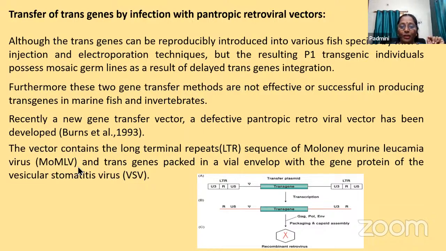That's the name of this particular retrovirus. And the transgene is packed in a viral envelope with the G protein of vesicular stomatitis virus. So remember the gag-pol-env sequence that you found in the retrovirus. On the same line, this transgene is going to be packed in an envelope with the G protein of vesicular stomatitis virus.